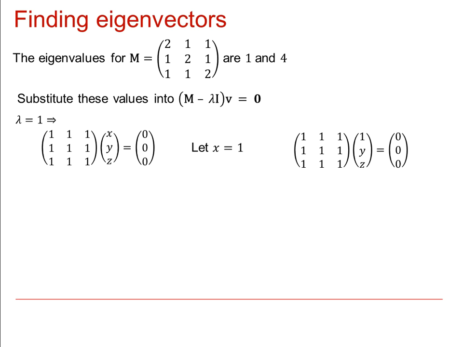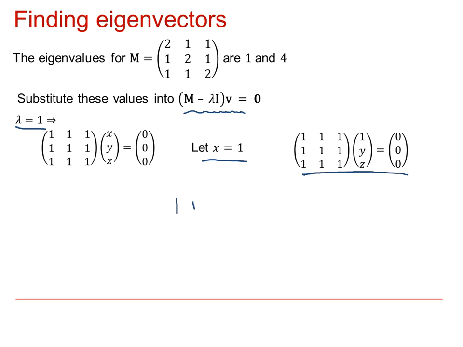Similarly then, if we have lambda equal to 1, then the matrix is as shown when we substitute M minus lambda I times v. And again, we can let x equal to 1. So we end up with this matrix, and you can see that all rows are going to be the same.